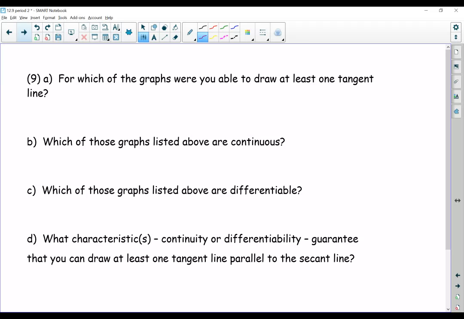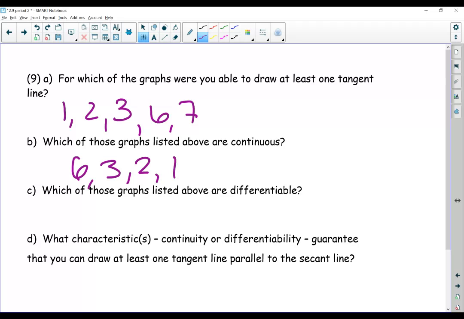Okay, welcome back. So for which graphs were you able to draw at least one tangent line? I was able to draw one for graph 1, graph 2, graph 3, graph 6, and graph 7. Which of those graphs that I listed were continuous? Okay, so 7 wasn't continuous, but I could still do it. 6 was continuous. 3 was continuous. 2 was continuous, and 1 was continuous.